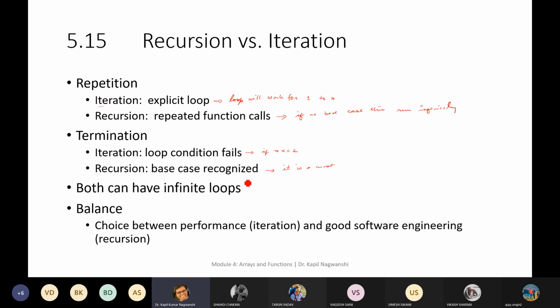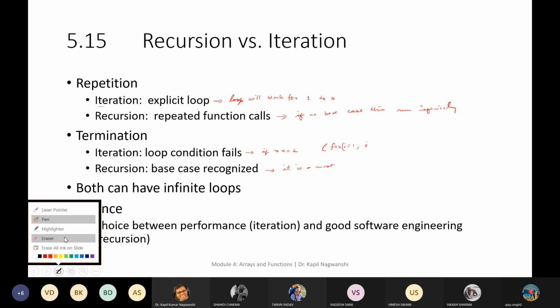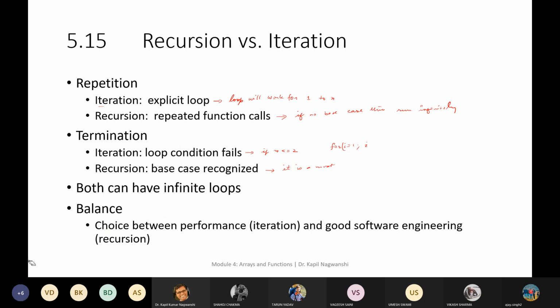Both can have an infinite loop. Yes, both can have an infinite loop. If we define the loop with n is greater than or equals to 2, the loop is infinite, okay? For i equals to 1, i is greater than or equals to 2, i plus plus.